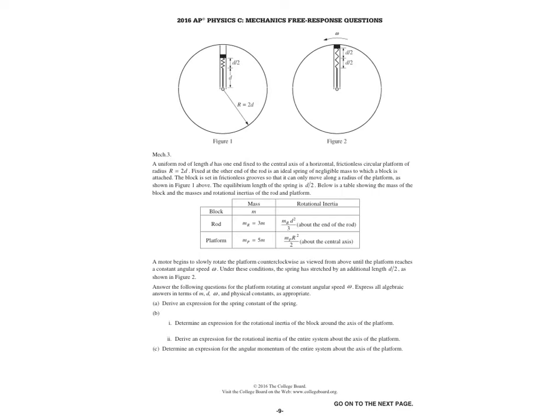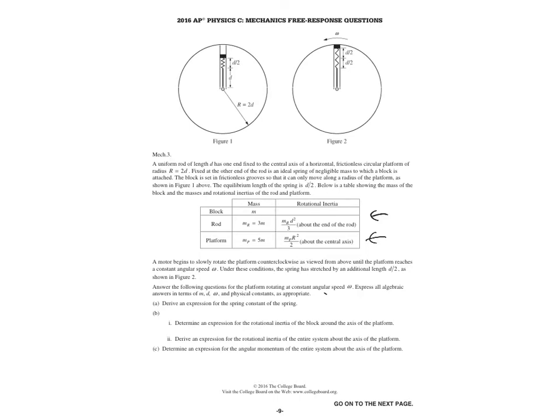The rotational inertias are given to us. As the motor begins to slowly rotate the platform counterclockwise as viewed from above, the platform reaches a constant angular speed omega. Under these conditions, the spring is stretched by an additional length of d over 2. Answer the following questions for the platform rotating at a constant angular speed omega. By the way, this is a horizontal platform, so looking at it from like a table.